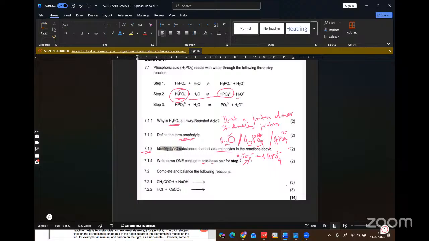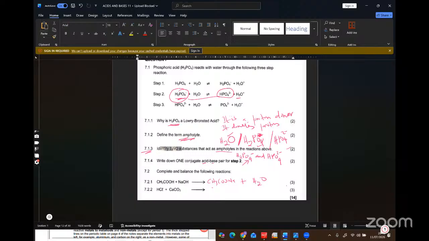Then this one says complete and balance the following reactions. Yeah, this we did before. It's in the notes. This is CH3COO, and then your sodium attaches to it, plus water. So this is already balanced. And then for this one you're going to exchange them.